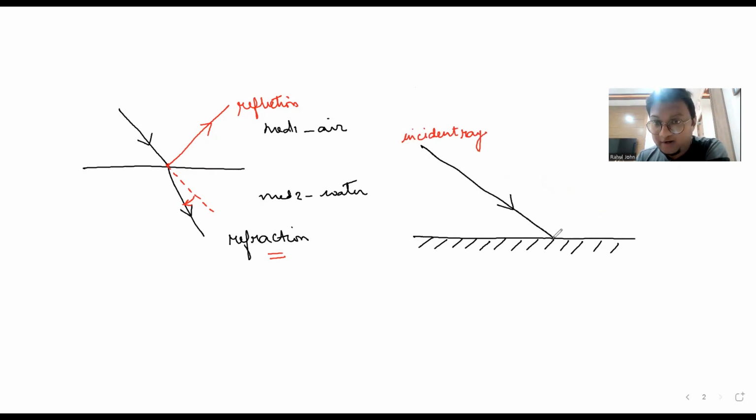Now, the point at which the incident ray will strike the surface will be called the point of incidence. Next, after striking, the ray will get bounced back into the same medium and this ray will be called the reflected ray.